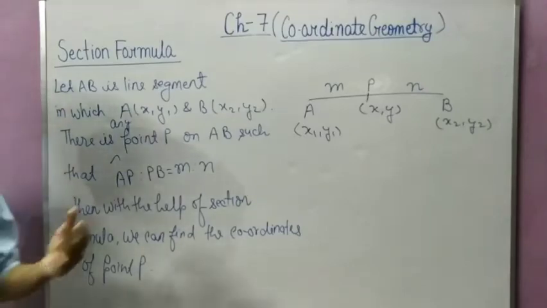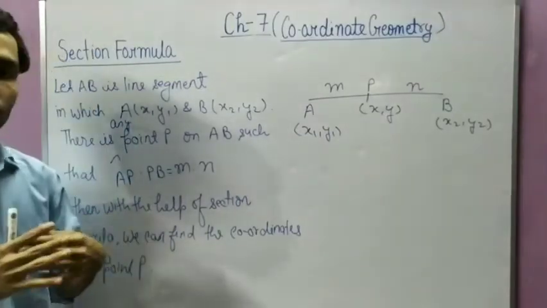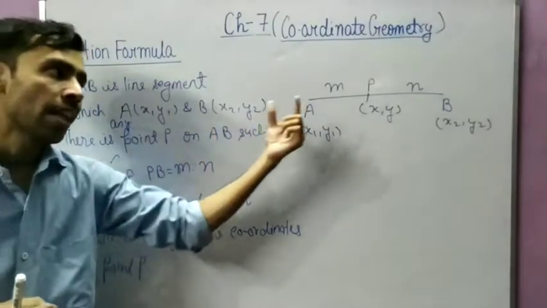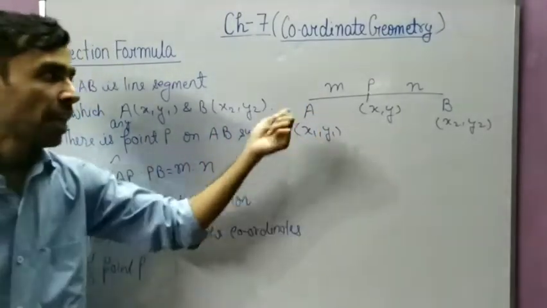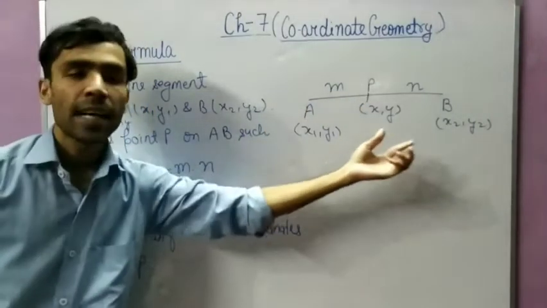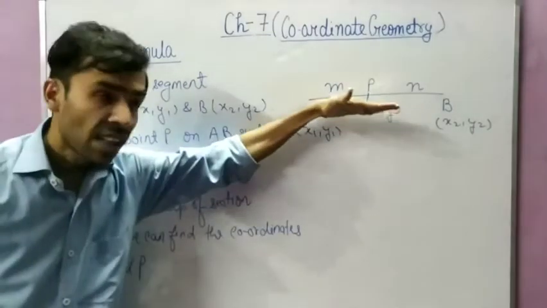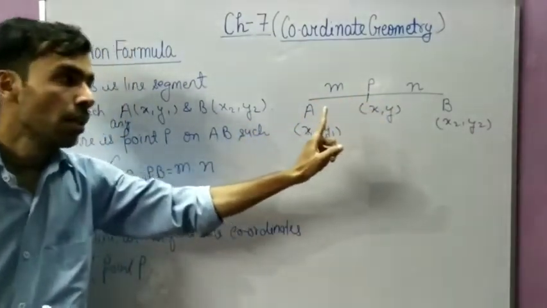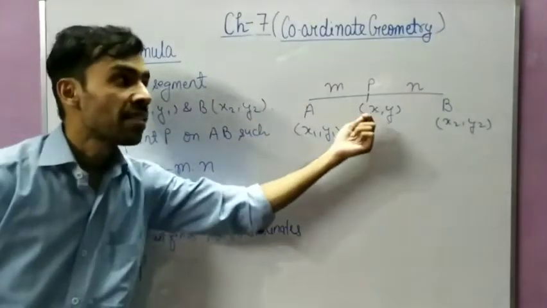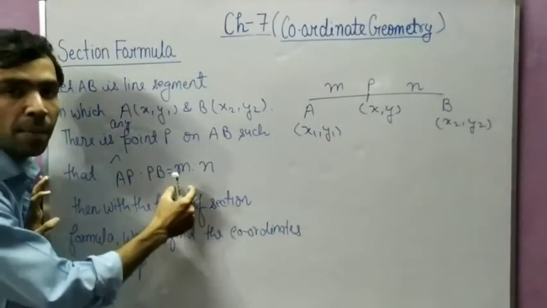In place of AB, there can be any line segment. Okay. So what I am doing is taking a line segment AB with end points A and B, and their coordinates are x1, y1 and x2, y2. After that, on this line segment, there is a point which divides AB, like AP ratio PB is m ratio n.